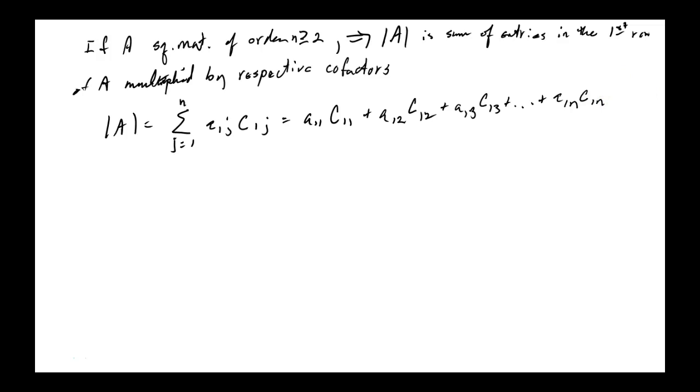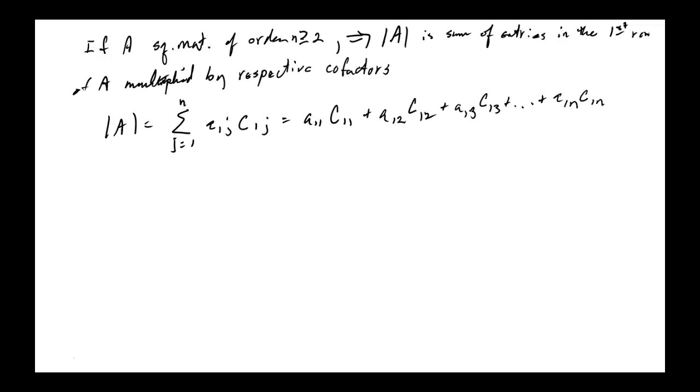That's it. Now, a 2 by 2 is real easy because a 2 by 2 only has the 4 elements in it. So A11 times its cofactor, which is A22.